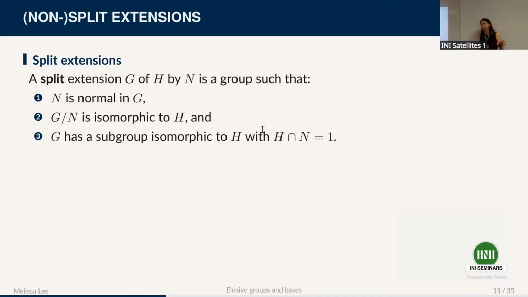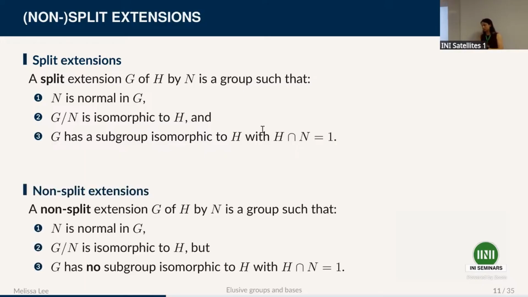So a split extension of H by N, where you've got these two groups H and N, is a group such that N is normal in your split extension G. Because it's normal, you can take the quotient map, and that quotient G on N is isomorphic to H. And also, you can find a subgroup isomorphic to H inside G that intersects N trivially. So a split extension is quite nice.